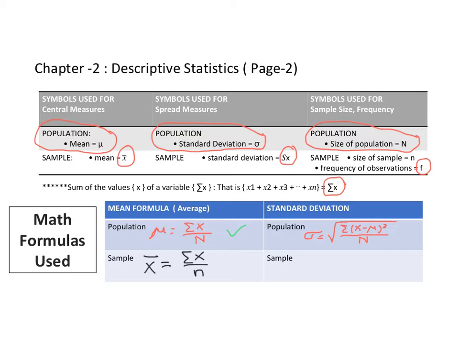The sample standard deviation Sx is equal to the square root of the sum of the deviation squared, x minus x bar squared, divided by n minus 1, which is considered the degrees of freedom of the sample.